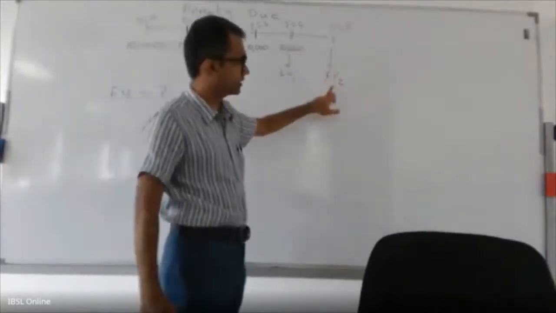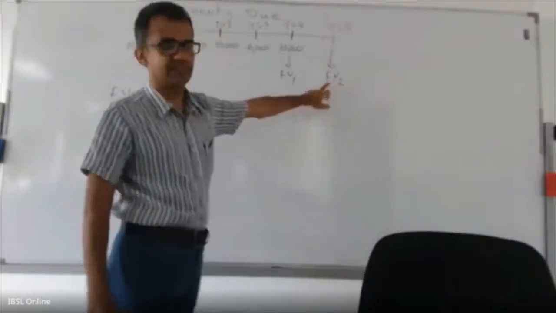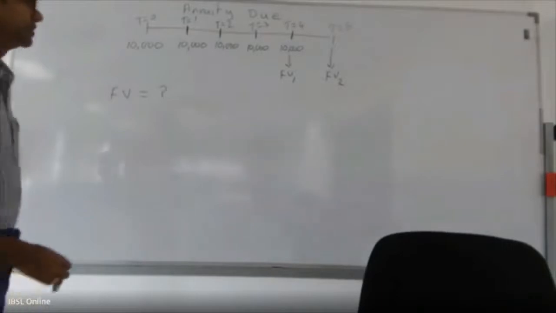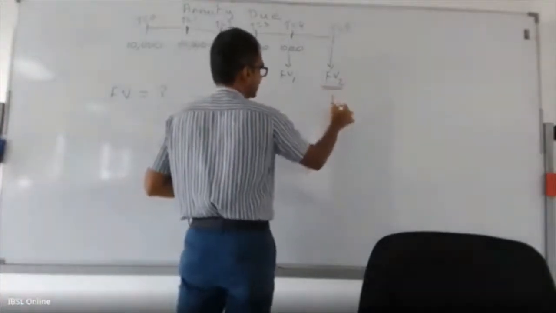But if we calculate it as at this date, that is at the end of the 5th year. So depending on that, your answer may vary, and the Excel function gives you the answer as at this date.